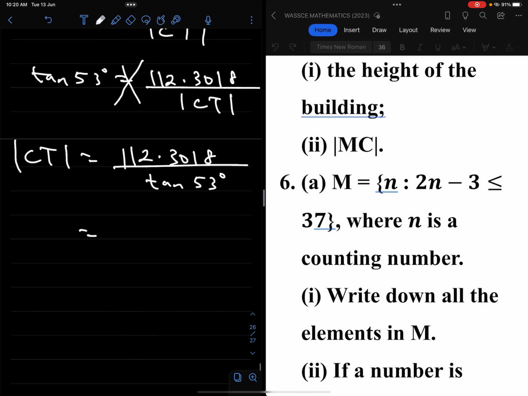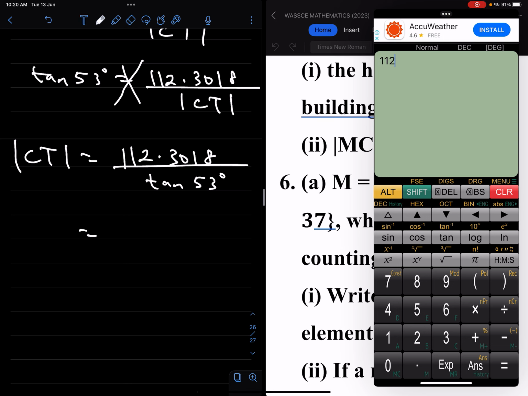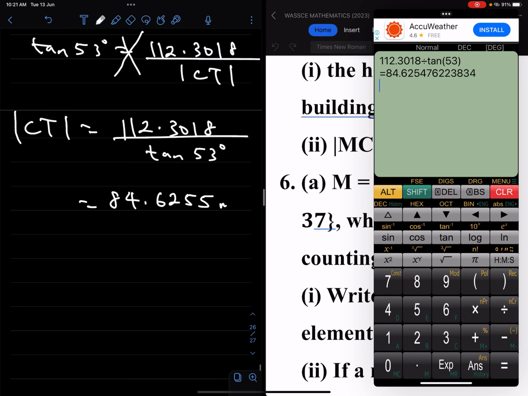And let's do that. 112.3018 divided by tan 53, and that's approximately 84.6255 meters.